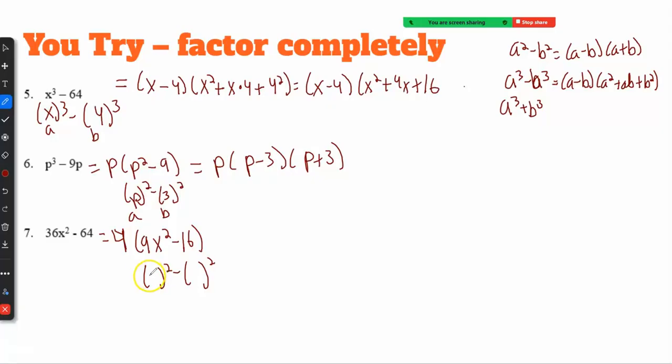This looks like difference of squares again with a 3x and a 4 as our A and B. A minus B, A plus B.